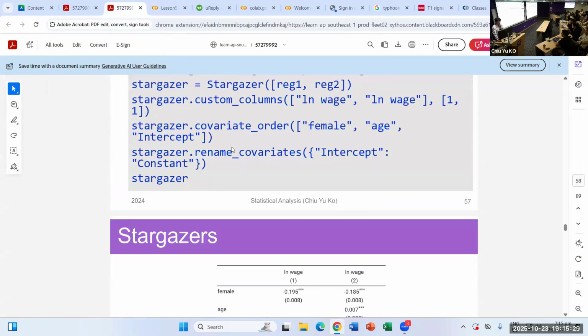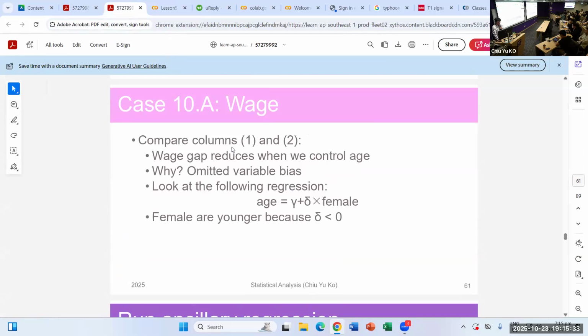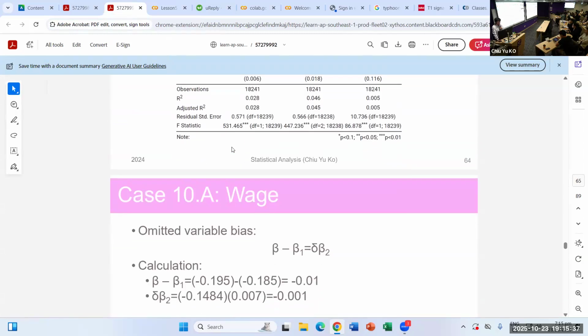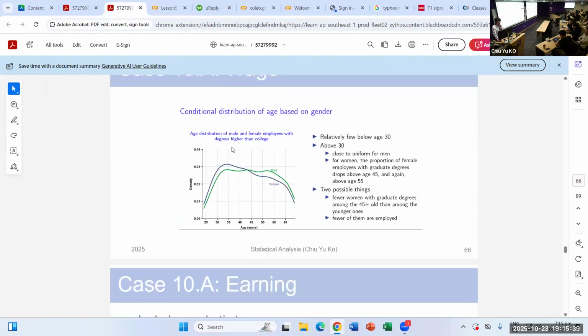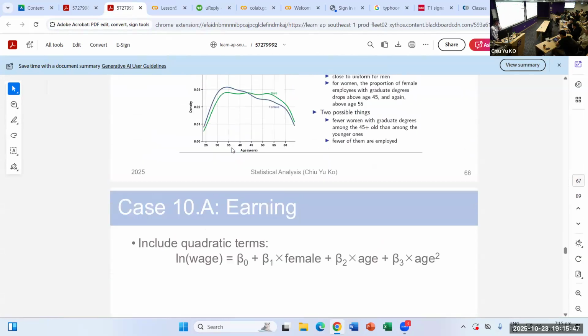Now, once we run this, we want to look at another regression. We want to look at age square. Why?